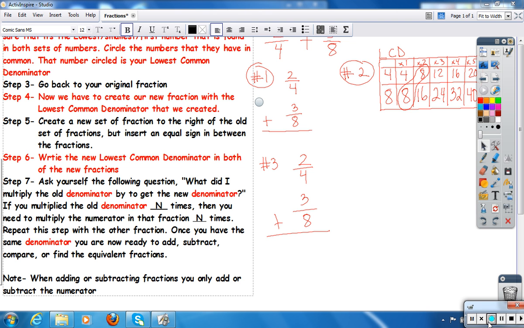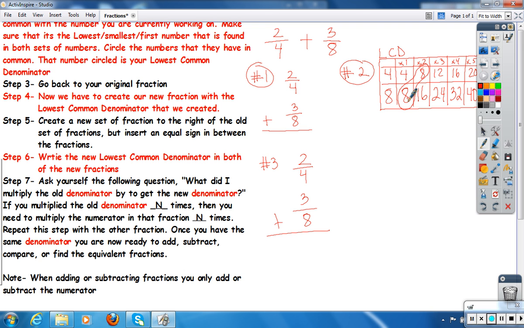Now, we have to create our new fraction with the lowest common denominator that we created, which is, in our case, 8. So I am going to put an equal sign because that's all it is, guys. In this process, when we add or subtract fractions, we're actually adding or subtracting equivalent fractions.